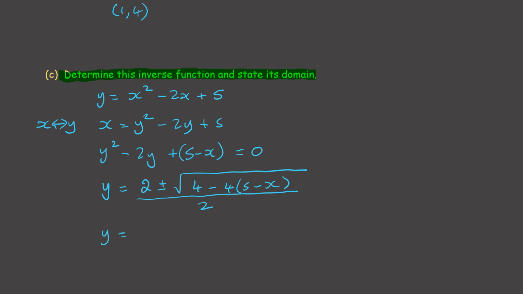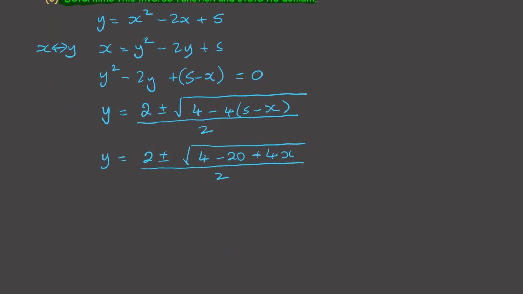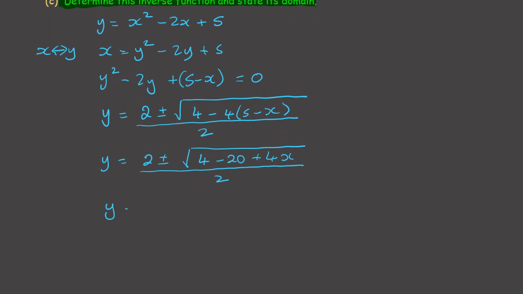So y is going to be 2 plus or minus the square root of 4, take away 20, plus 4x, all divided by 2. So that's going to be 2 plus or minus the square root of 4x minus 16, all divided by 2.